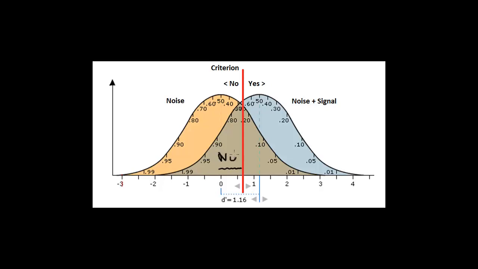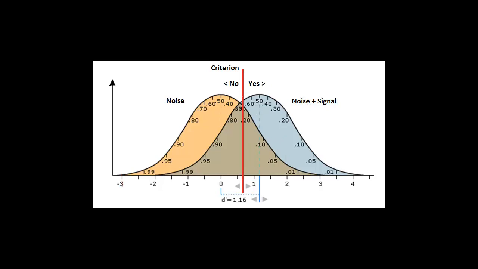A TSA agent at the airport concludes that he spotted something suspicious in the baggage of a passenger. So if the activity goes above the threshold, goes above your criterion, then you say yes.